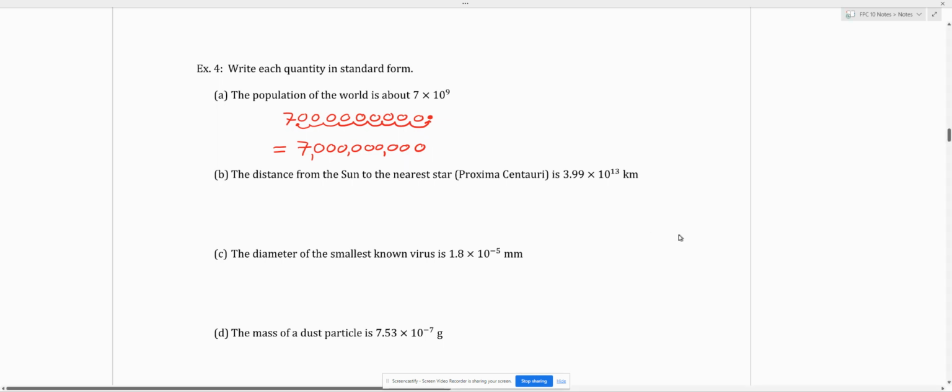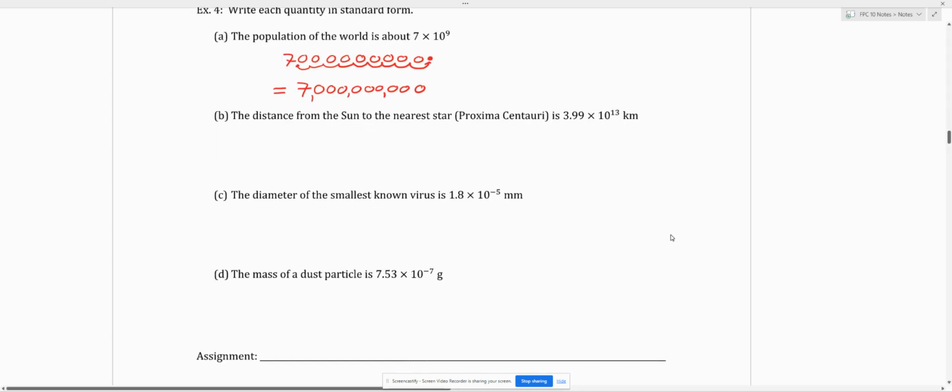Okay, let's do another huge number, the distance to the nearest star, other than our sun, because of course the sun is a star by definition. So we're going to start again with the number given, which is 3.99. And this 13 says, how many times do I have to move it to the right?